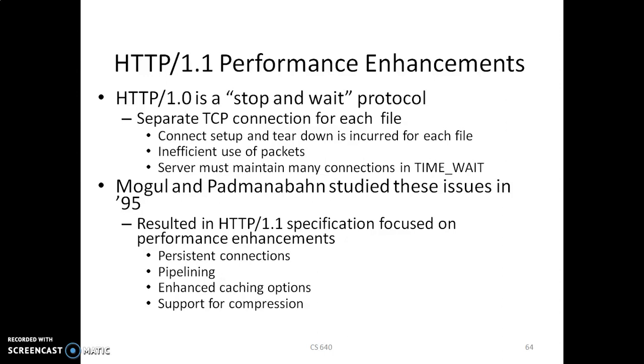Mogul and Padmanabhan studied these issues in '95, which resulted in the HTTP 1.1 specification, focused on performance enhancements such as persistent connections, pipelining, enhanced caching options, support for compression, etc.